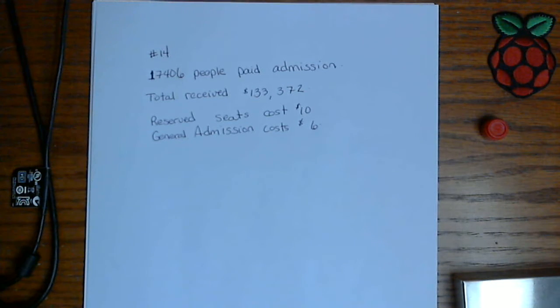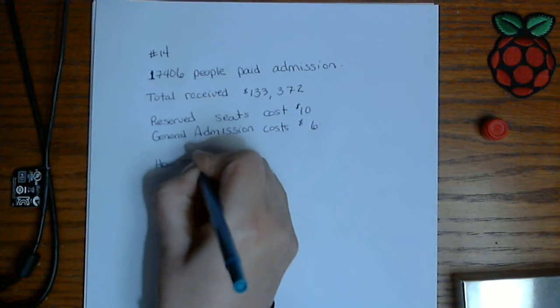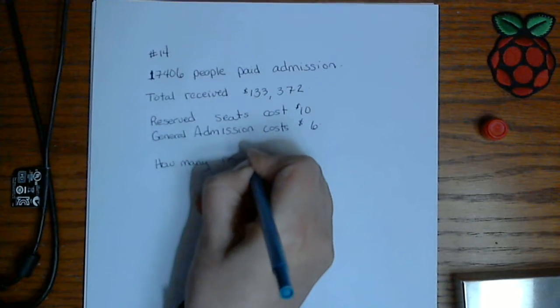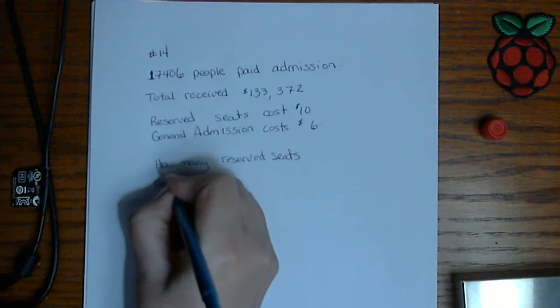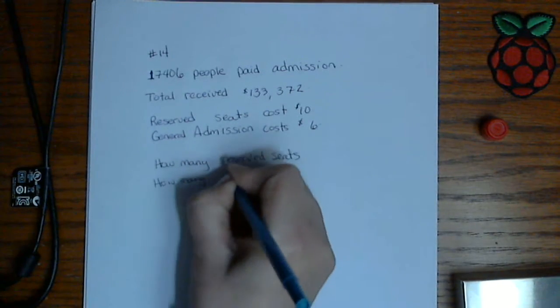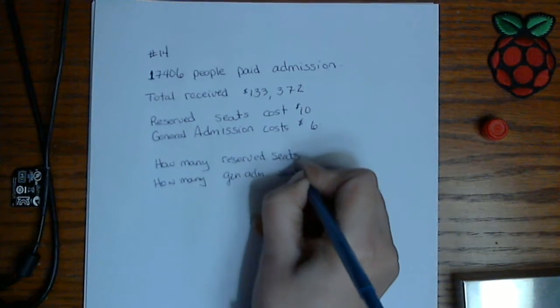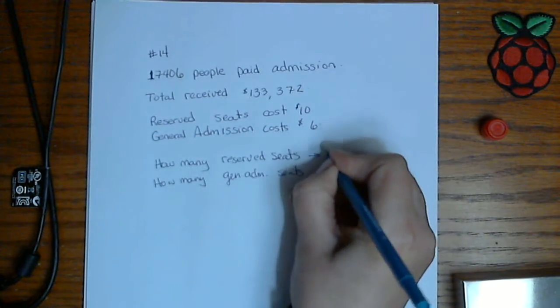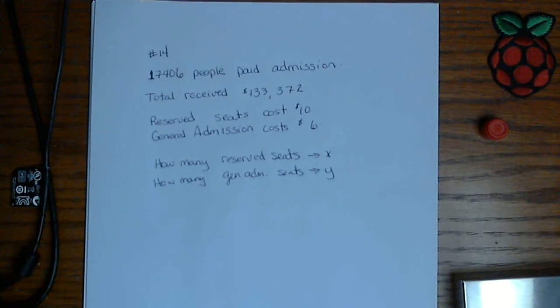So we want to know how many reserved seats, and we also want to know how many general admission seats. We're going to call the reserved seats X and the general admission seats Y. We could call them R and G if we chose to. That would be fine. But just for simplicity's sake this time, we're going to call them X and Y.